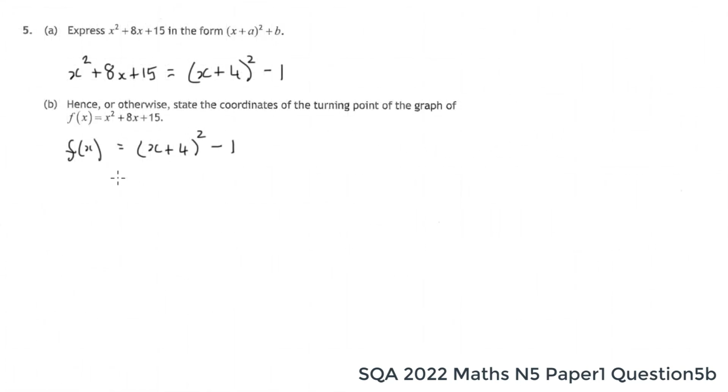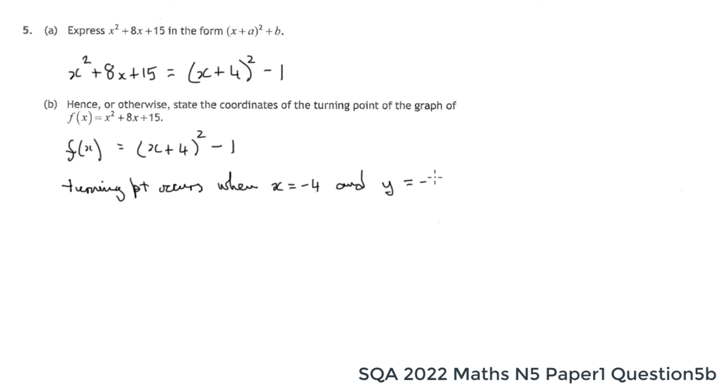So back to the question, we can now say that the turning point occurs, and we've seen it happens when x is negative 4, and that ensures we've got a 0 squared. It's at its minimum there when x equals negative 4, and obviously when this is 0, we've got the y coordinate of negative 1.